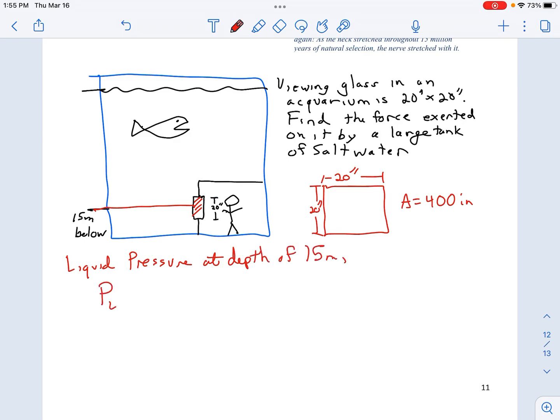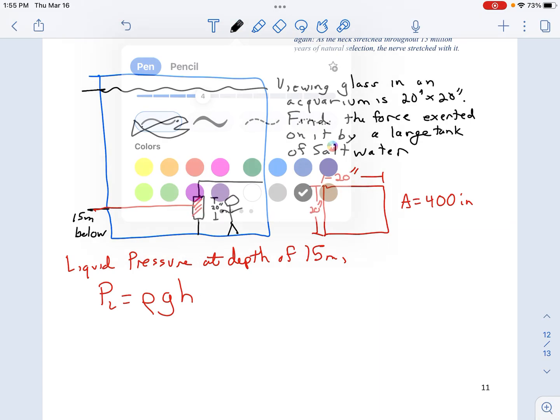So that can be calculated by taking the density of the water times gravity times the height, which is the height of the water level above the point we're interested in. Now, a couple of things here.